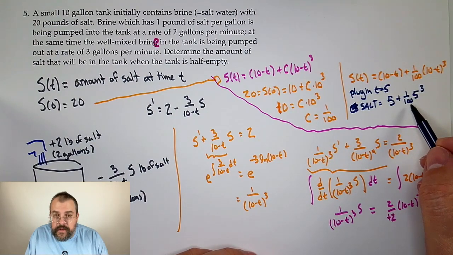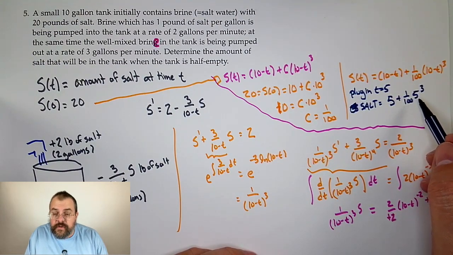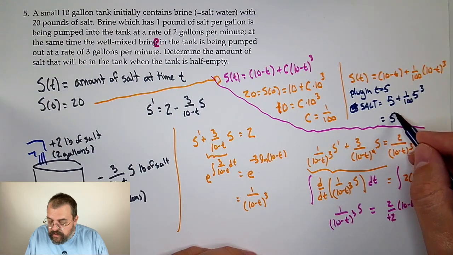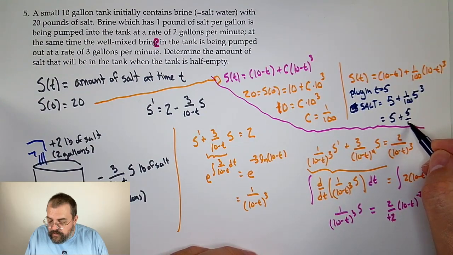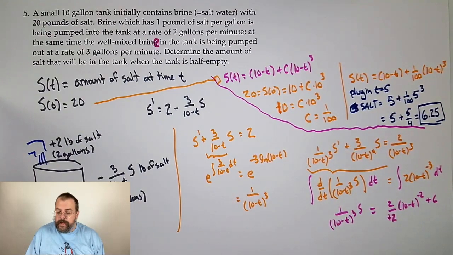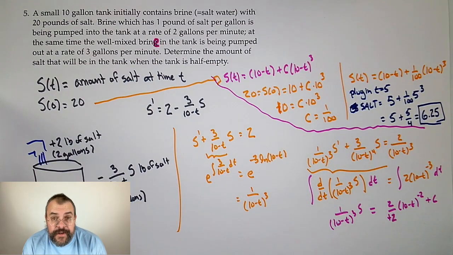It's 25 times 4 downstairs. So 25 times 5 over 25 times 4 makes that 5/4, or 6.25. And there we go. So there's 6.25 pounds of salt.